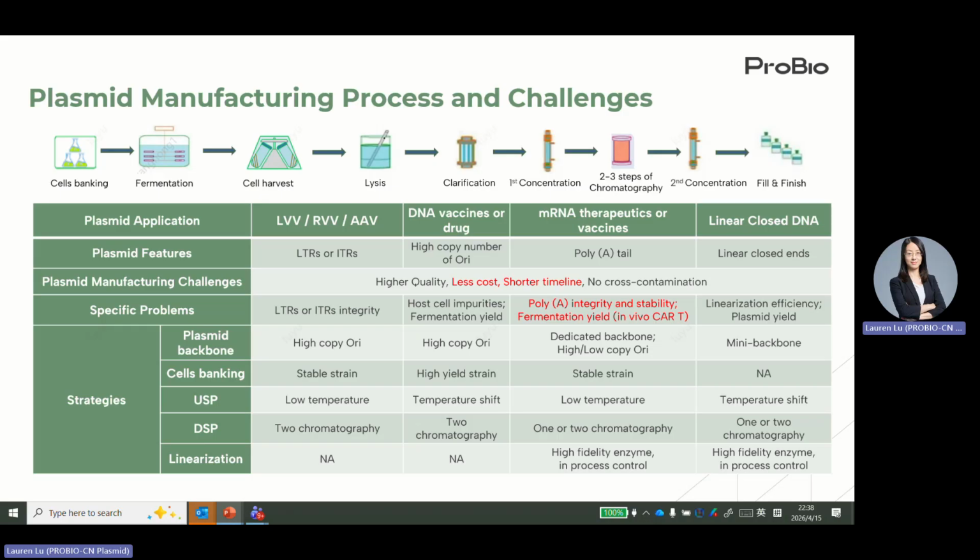For this category of plasmid, the key challenges are focused on poly-A and high yield. And ProBio has well prepared some solutions to solve these challenges. For example, we can provide a dedicated backbone and proprietary strain together with specific upstream and downstream processes.